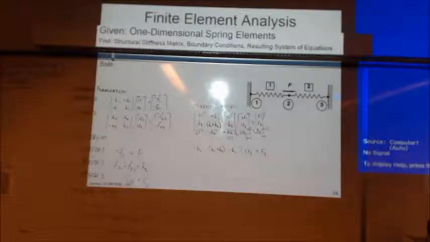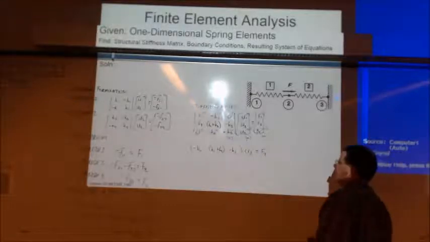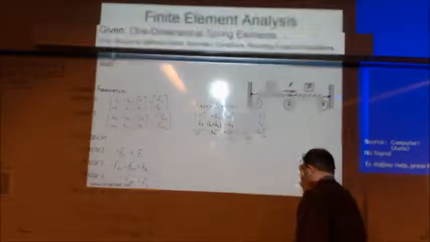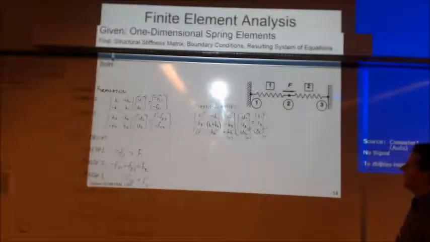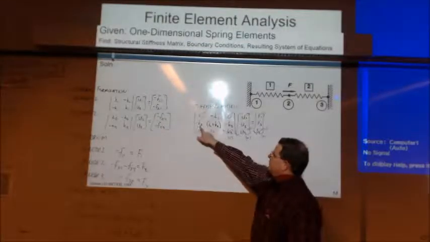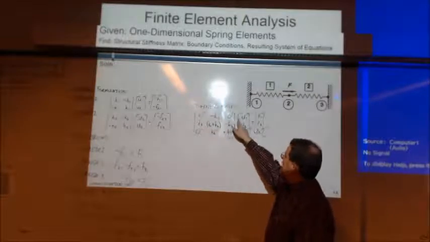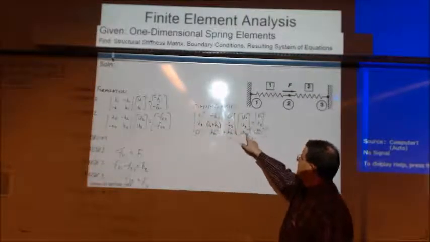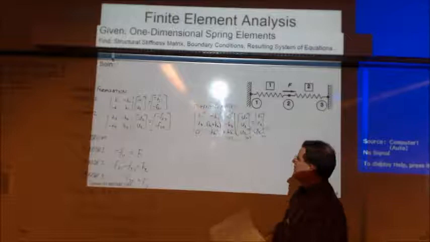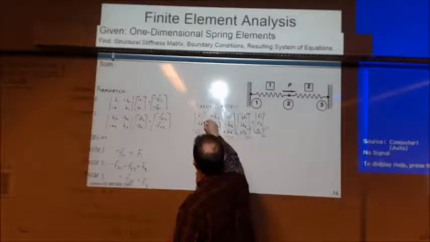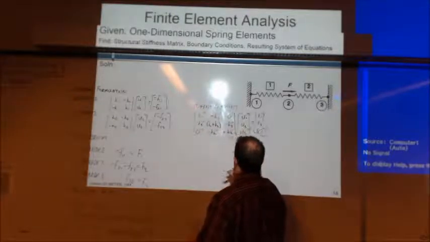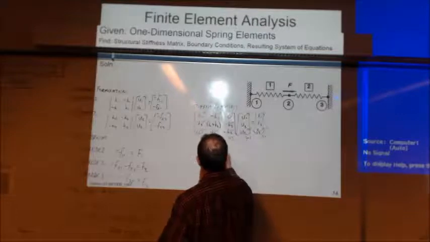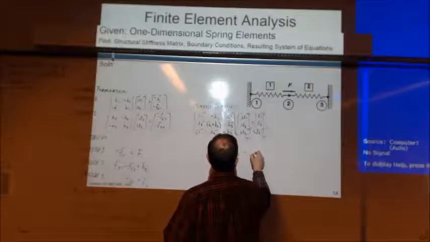So, oh, let's see, we're missing a couple of zeros here. I forgot 2, right? This is going to go to U1, and that's going to go to U3, right? So those will go to 0. So we're left with K1 plus K2 times U2 equals F2.